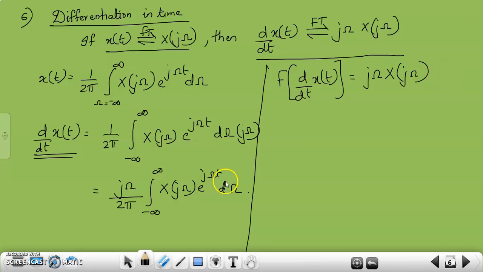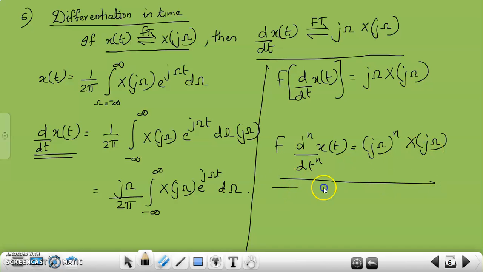Therefore in general I can write the Fourier transform of the nth derivative of x of t is equal to j omega raised to n times x of j omega. So that is the time differentiation.